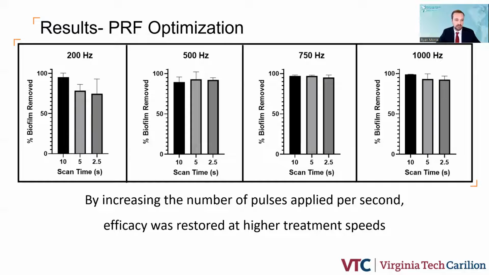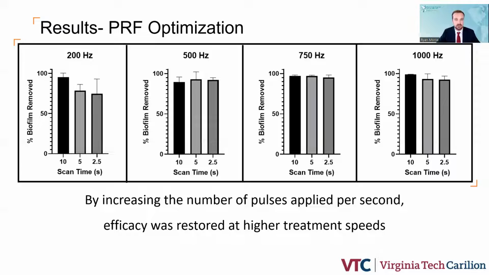As we saw in the last series of experiments, at the 10 and the 5-second time point, we saw a reduction in the efficacy of biofilm removal. And once again, we can see that at 2.5 seconds when applied at 200 hertz. When we increase, however, to 500 hertz, we see an almost complete restoration of biofilm removal efficacy.